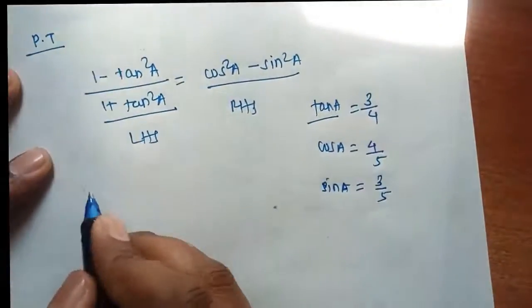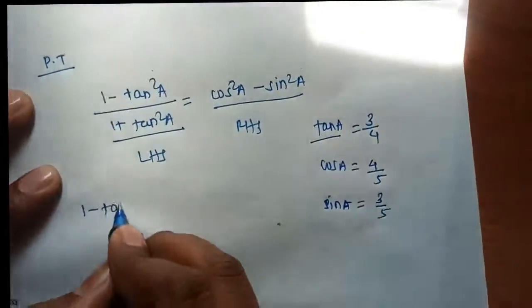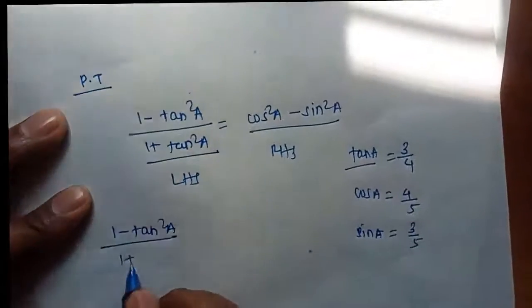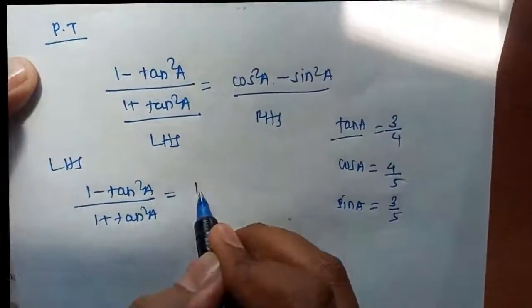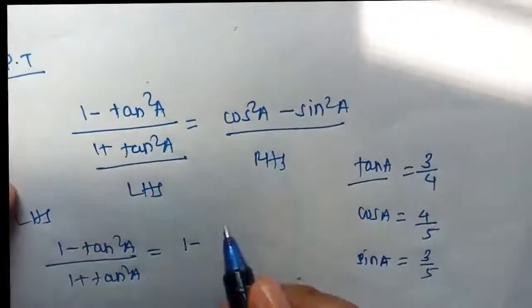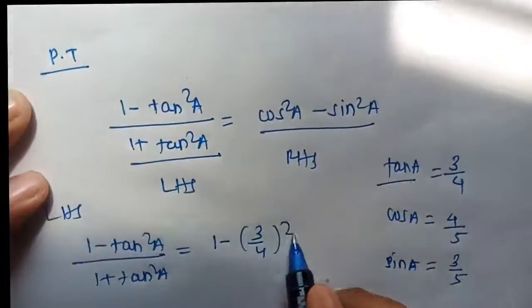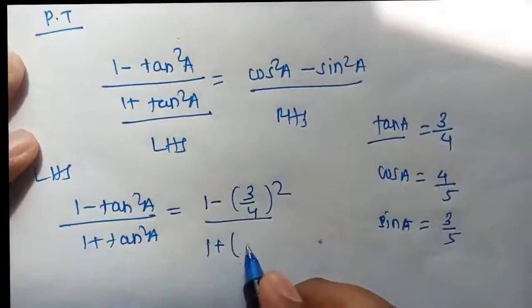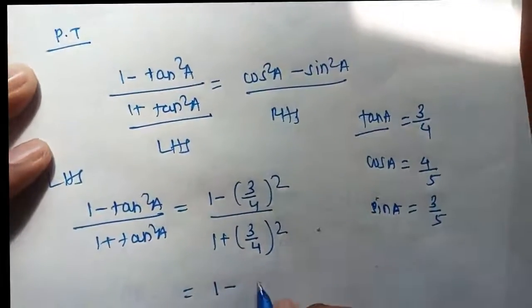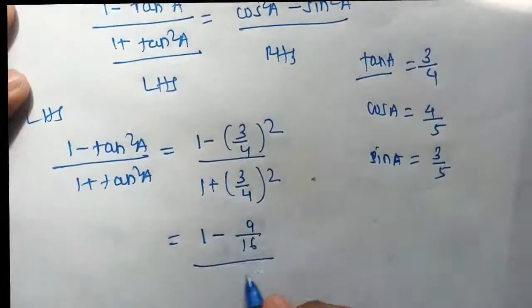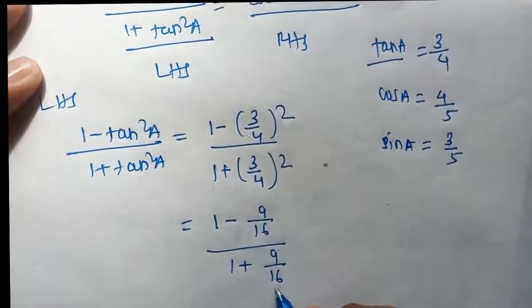Now take the LHS, 1 minus tan square A upon 1 plus tan square A. Tan is nothing but 3 by 4, so 3 by 4 whole square upon 1 plus 3 by 4 whole square. So 1 minus 9 upon 16 upon 1 plus 9 upon 16.